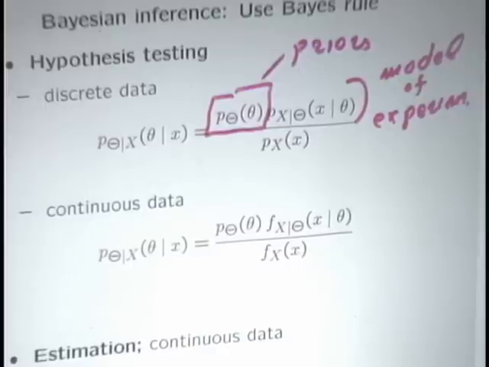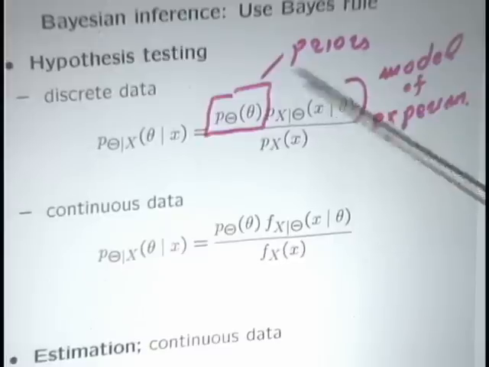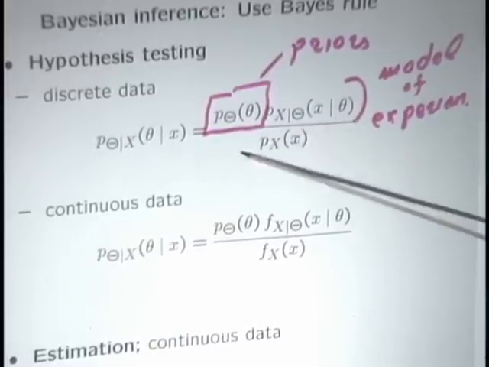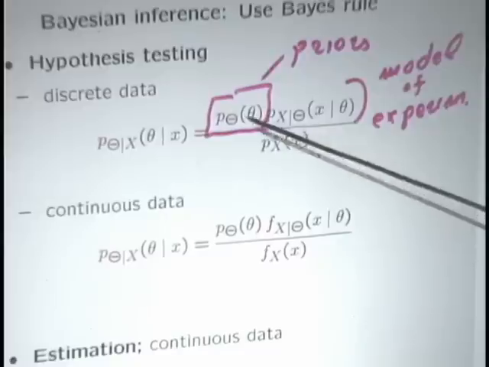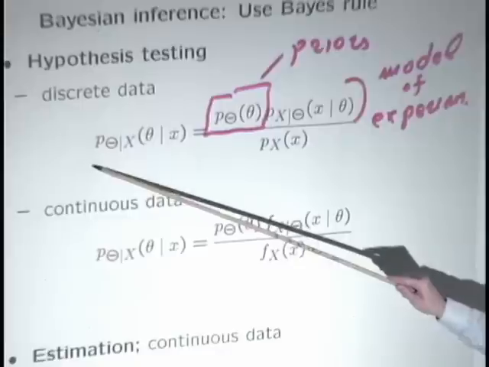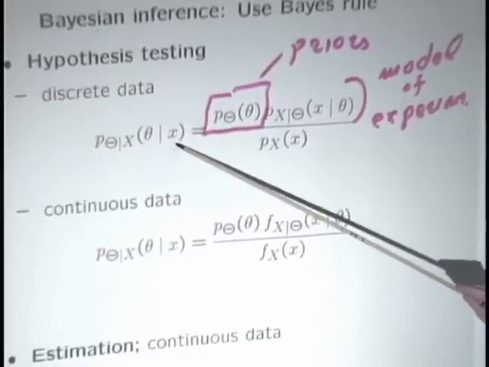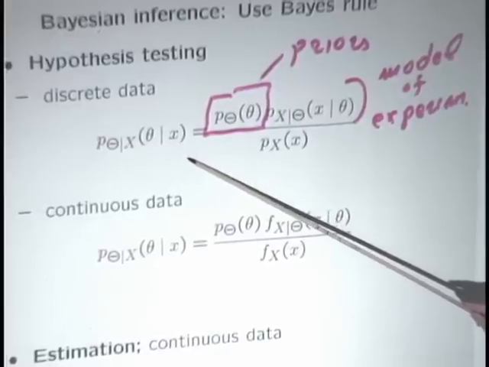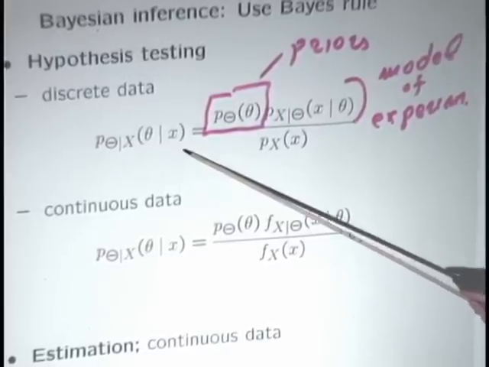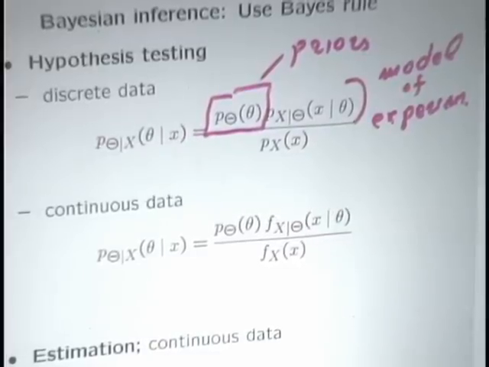That models my apparatus. And based on that knowledge, once I observe, I have these two functions in my hands. We have already seen that if you know those two functions, you can also calculate the denominator here. So all these functions are available, so you can find a formula for this function as well. And as soon as you observe the data, the x's, you plug in here the numerical value of those x's, and you get a function of theta, and this is the posterior distribution of theta given the data that you have seen.